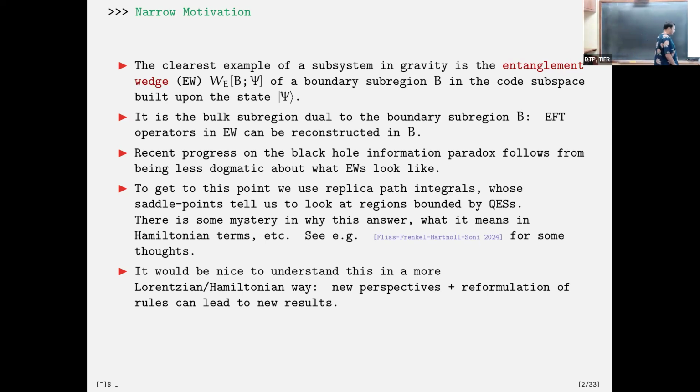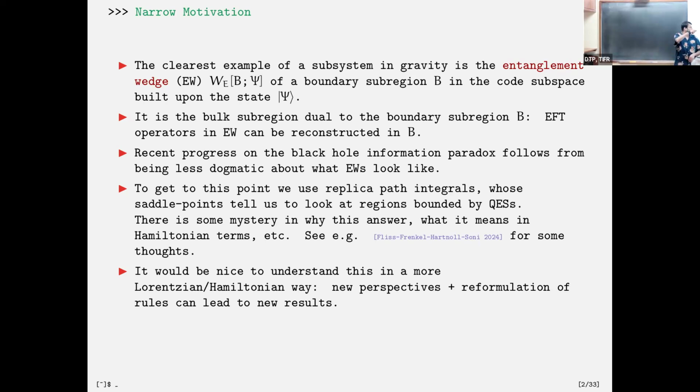And one thing about understanding that entanglement wedges are good subsystems is that the way we come to it is a little bit roundabout. You use this Euclidean path integral, and it has a saddle point, and that saddle point tells you exactly where you have this region as an entanglement wedge.